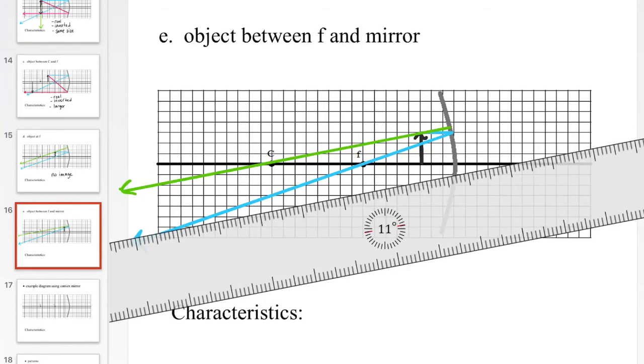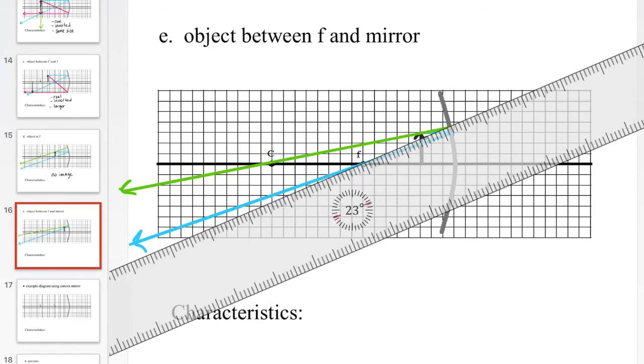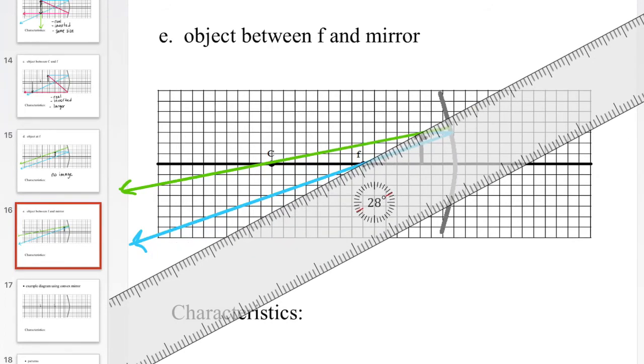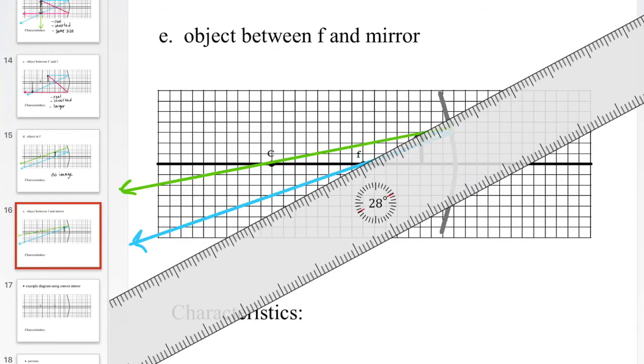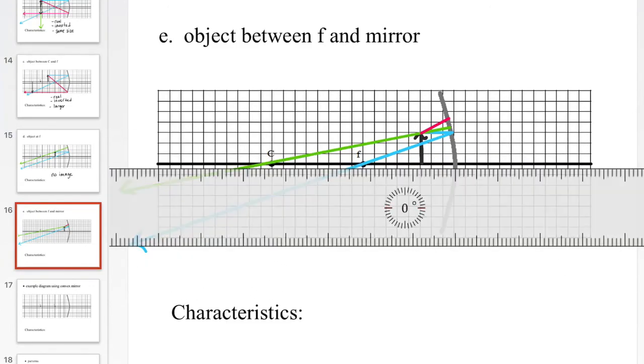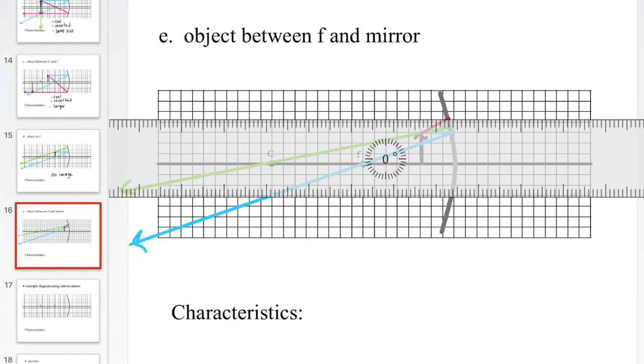Well, here it can't really go right through the focal point, but it can look as if it's coming from the focal point. So just line the top of the arrow up with the focal point. Okay, and then I'm going to draw that like that. And then of course, that's going to go parallel to the principal axis.